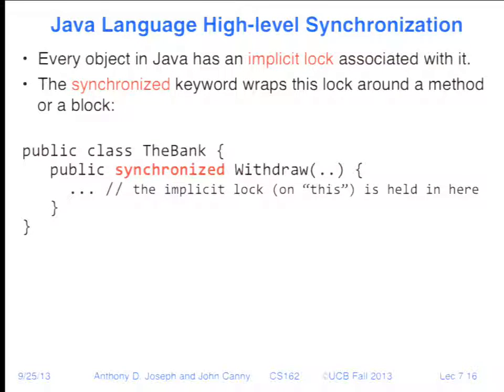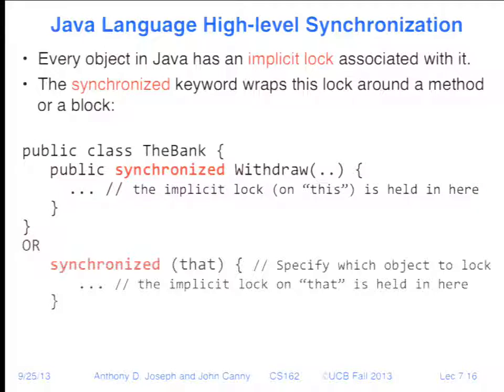So in other words, it's the this object, if you wanted to think of it in terms of language. So the lock's acquired at the start of the method and it's released at the end. You don't have to worry about naming it, though.